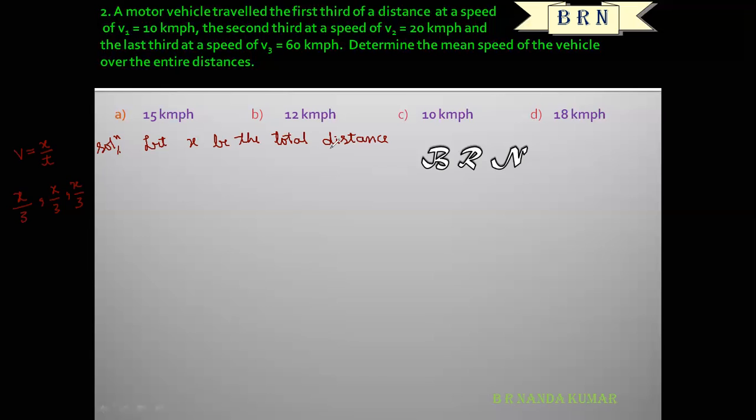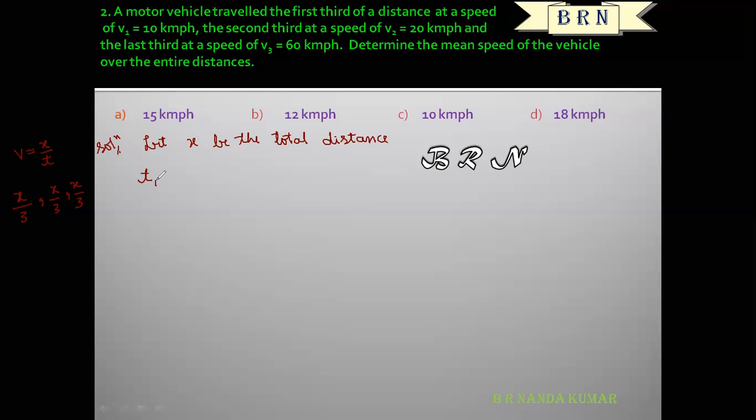The first third of the distance is at a speed of 10 kilometer per hour. So first we have to calculate the time taken by the motor vehicle to cover the first third of the distance.